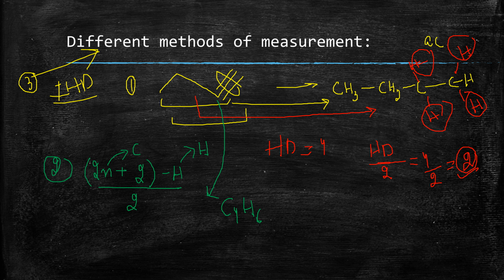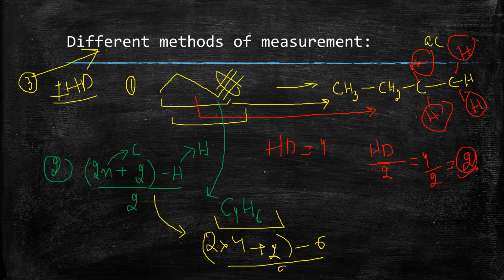Now let's use this formula to calculate the hydrogen deficiency. We'll be using 2 into the number of carbons, that is 4, plus 2. We'll be subtracting the number of H atoms, that is 6. We'll be dividing this by 2.